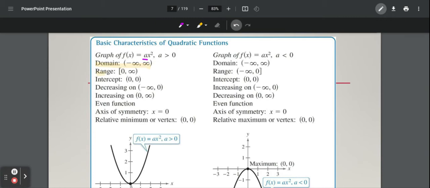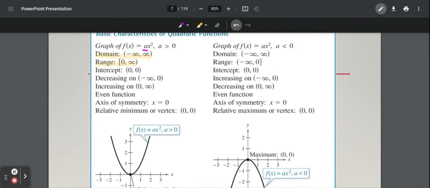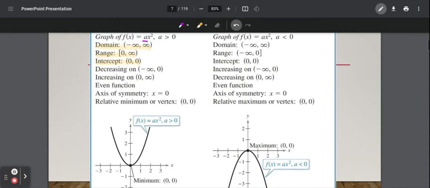If you just have your ax squared, your range is 0 to infinity. It's intersecting at the origin. And then you have your increasing, decreasing. It would be even because it has that reflection symmetry across the y-axis. And that axis of symmetry is the equation x equals 0, which is your y-axis. And that minimum or your vertex would be at 0, 0.